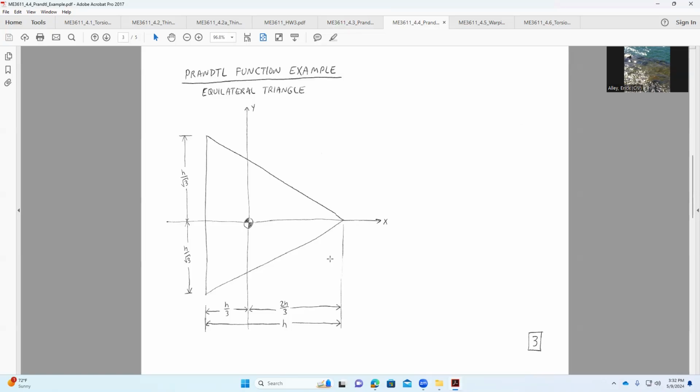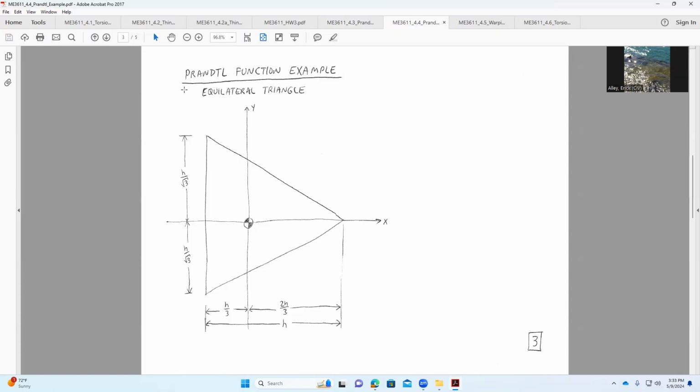All right. So we know our stresses are 0 at the origin. That's good for torsion as well. So we'll just put our origin right there. We're expecting to get 0 stresses at that spot. We saw at 0, 0, both stresses go to 0 on the circle too. And then if we cut that 2 over root 3 for the vertical in half, we get H over root 3 top to middle and H over root 3 middle to bottom.